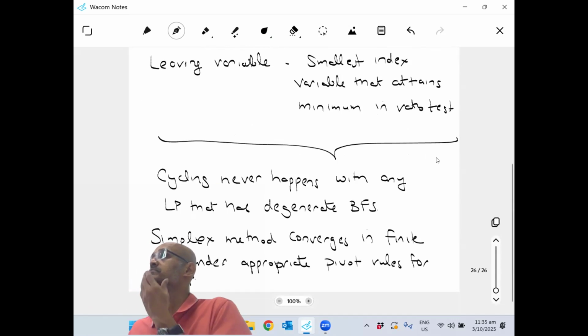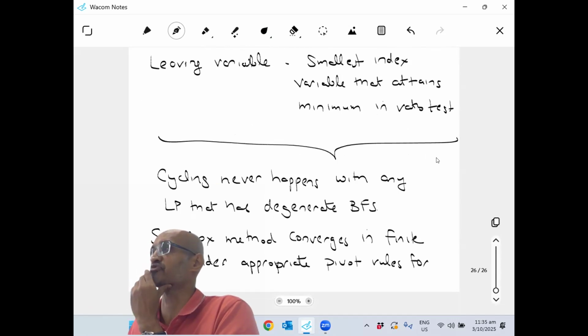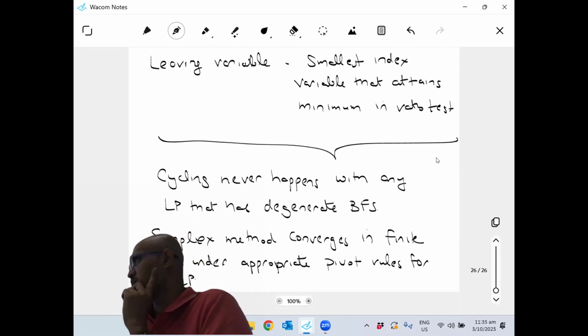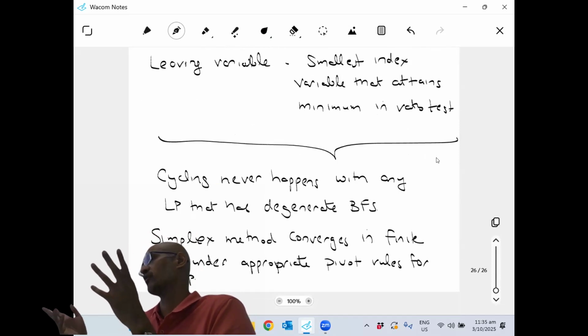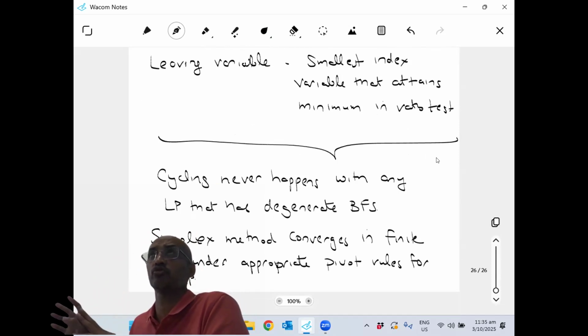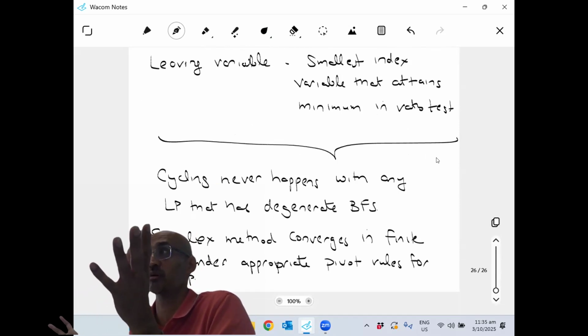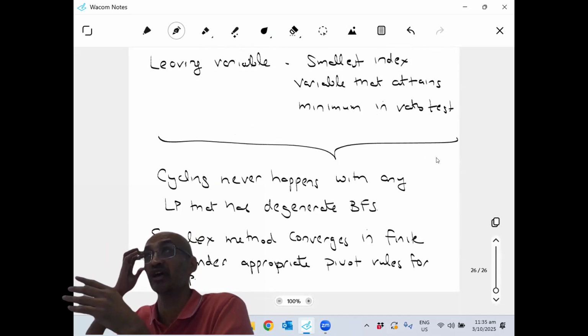Other types of cycling? Not in the simplex method. Maybe in other algorithms, but I can't think of any other cycling in this algorithm.